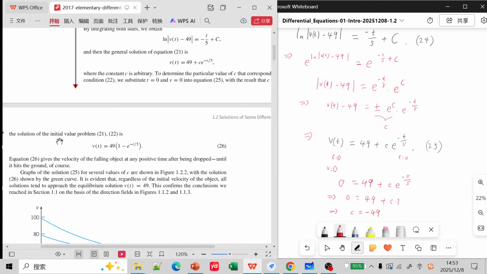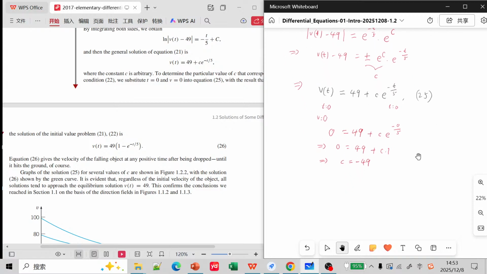Then the solution of the initial value problem 21, 22 is, yes, now we just put the c value into this position. We can get v of t is equal to 49 plus minus 49 times e to the power of minus t over 5.